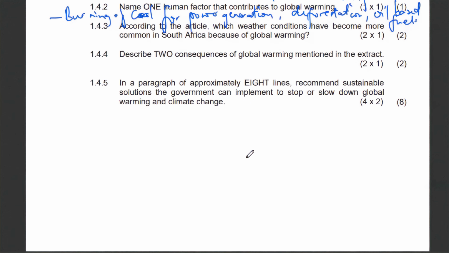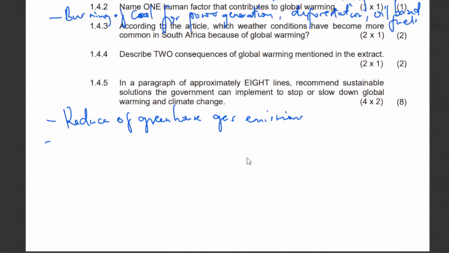Right, in a paragraph of approximately 8 lines, I recommend sustainable solutions the government can implement to stop or slow down global warming and climate change. What can the government do to reduce global warming and climate change? We can introduce the reduction of greenhouse gas emissions.